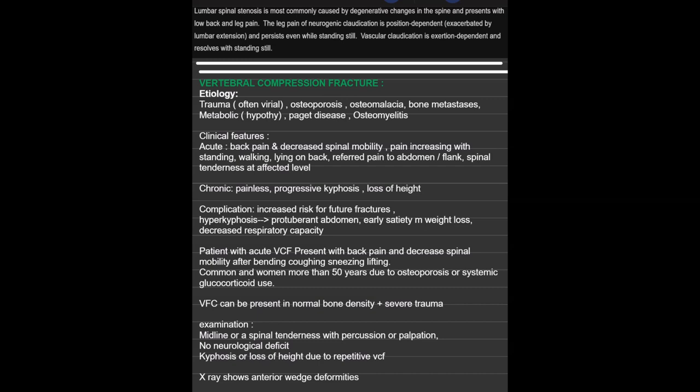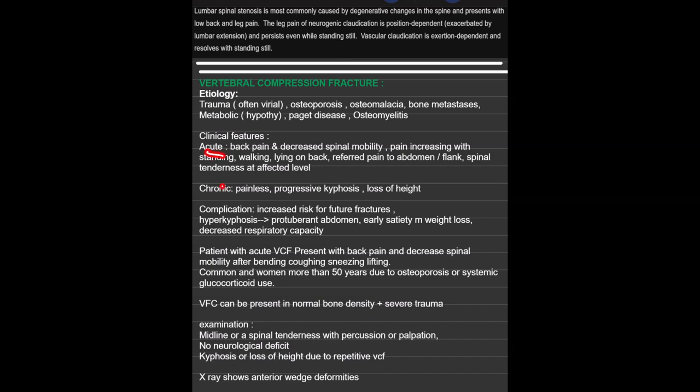If there was minor trauma, the patient may be osteoporotic, or have osteomalacia, bone metastasis, metabolic causes like hypothyroidism, Paget's disease, or osteomyelitis, an infection of the bone. All of these situations in an old age patient can lead to vertebral compression fractures.